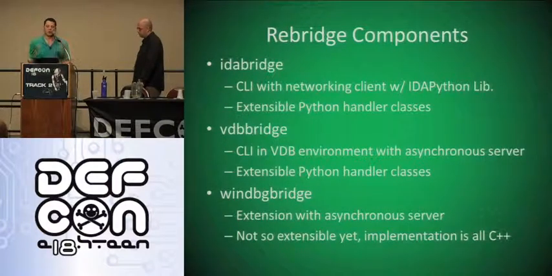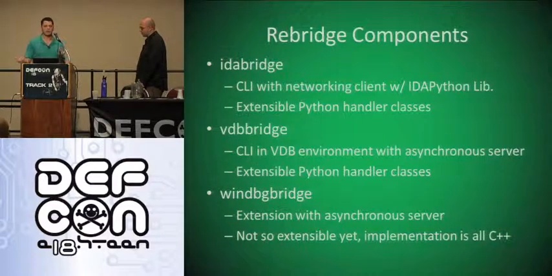So we have several components that we've built out so far. The first one is the IDA Bridge. It's basically a command line interface that uses an asynchronous server or networking client that we pulled from Collaborate. Again, we're emphasizing that you should use open source software that's already implemented to incorporate into your software.